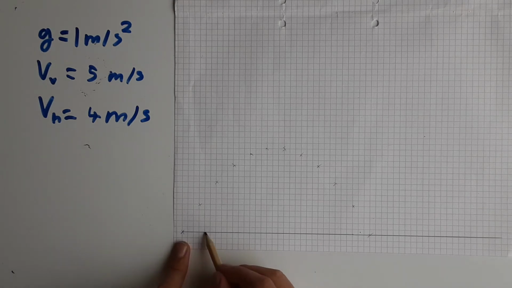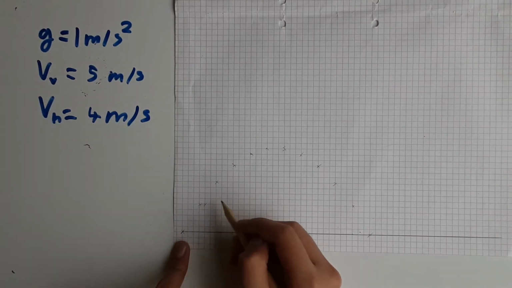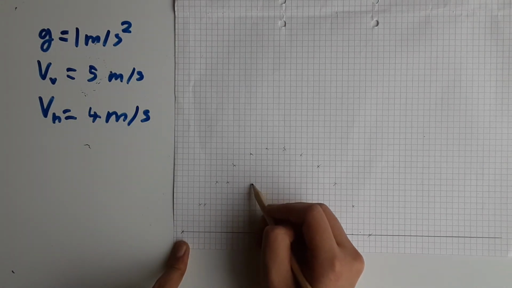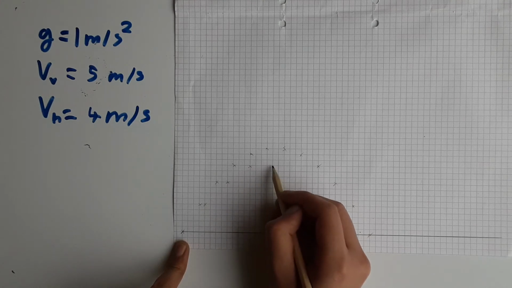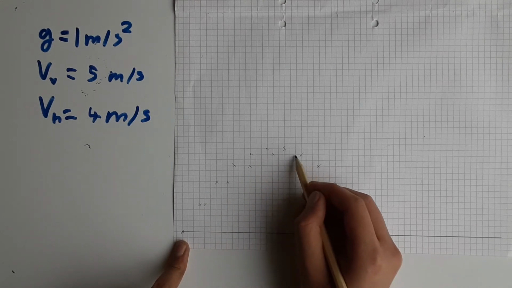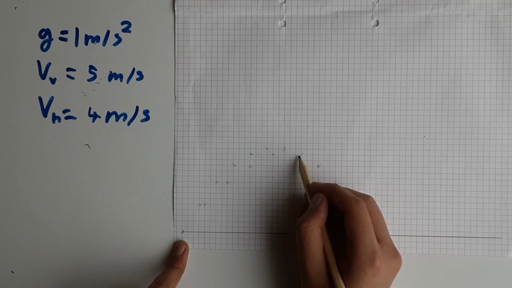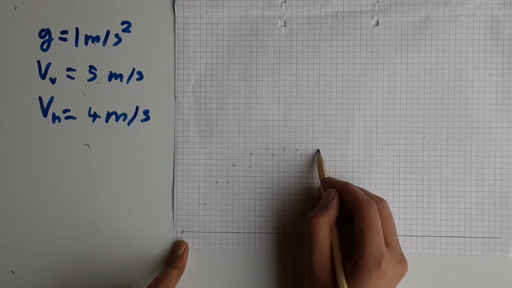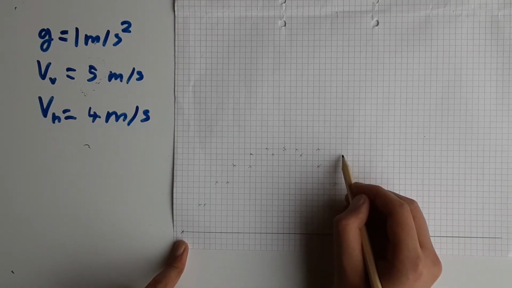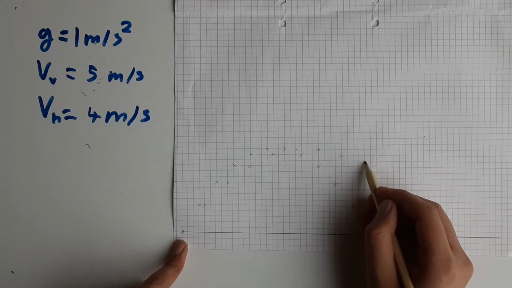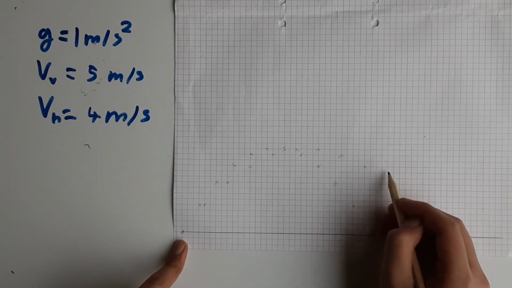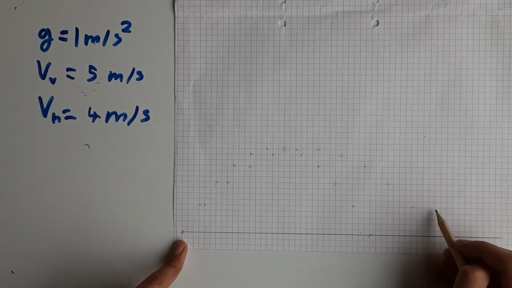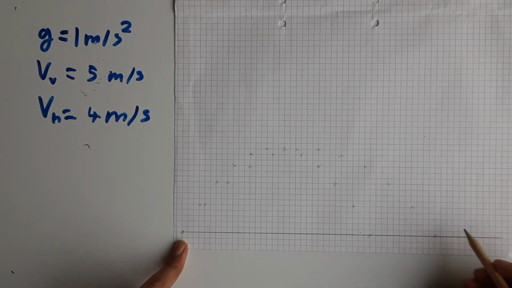So we go 4 across this time and 5 up. 4 across, 4 up, 4 across, 3 up, 4 across, 2 up, 4 across, 1 up, 4 across, 0 up, 4 across, 1 down, 4 across, 2 down, 4 across, 3 down, 4 across, 4 down, 4 across, 5 down.